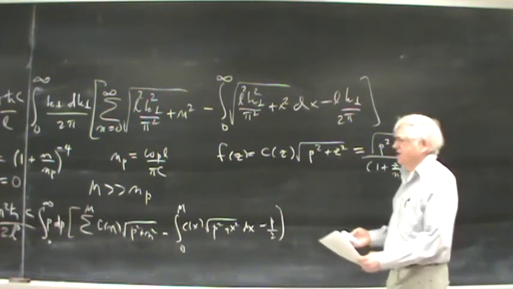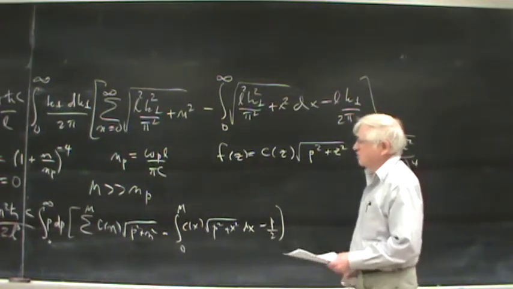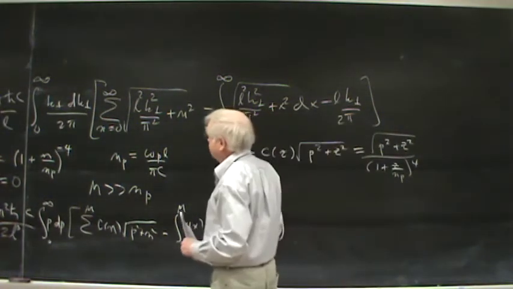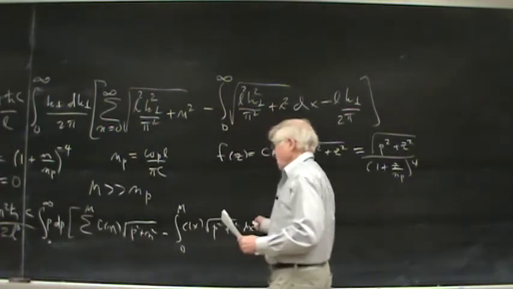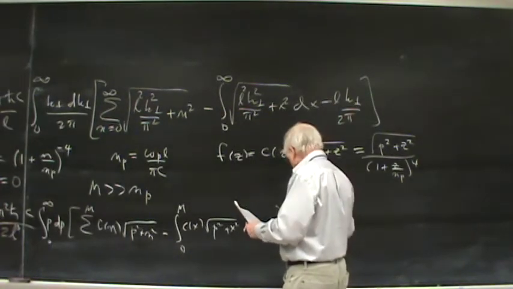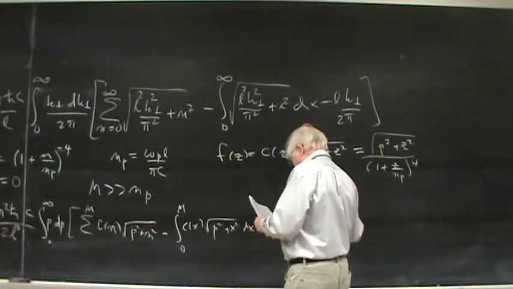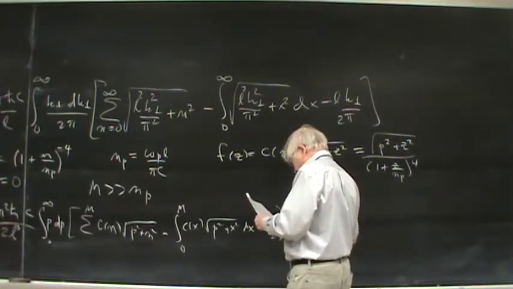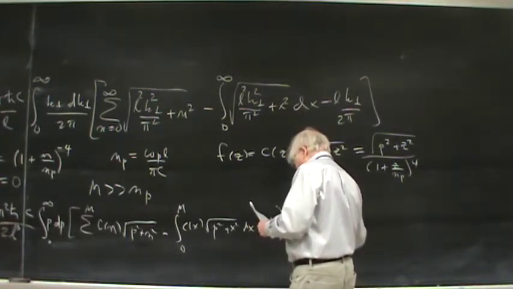So everything is hunky-dory. We can apply the Abel-Plana formula, and then this turns out to be pi squared h bar c over 2L cubed.